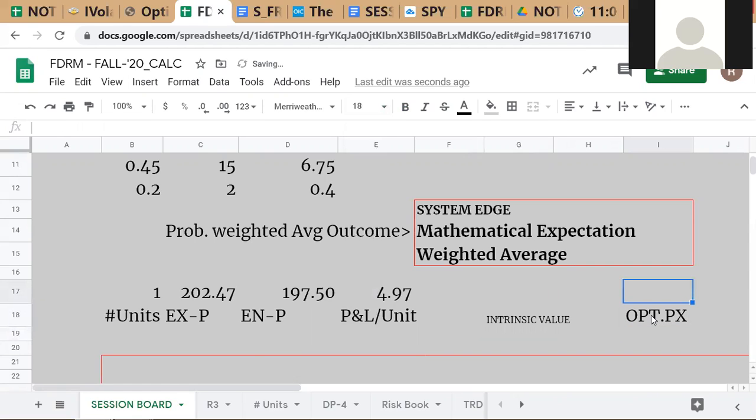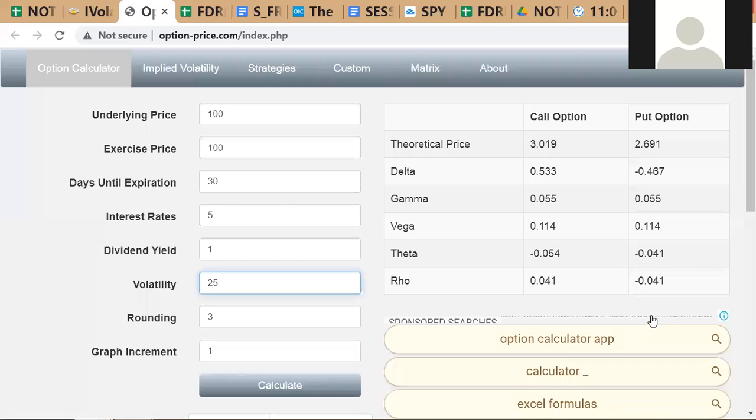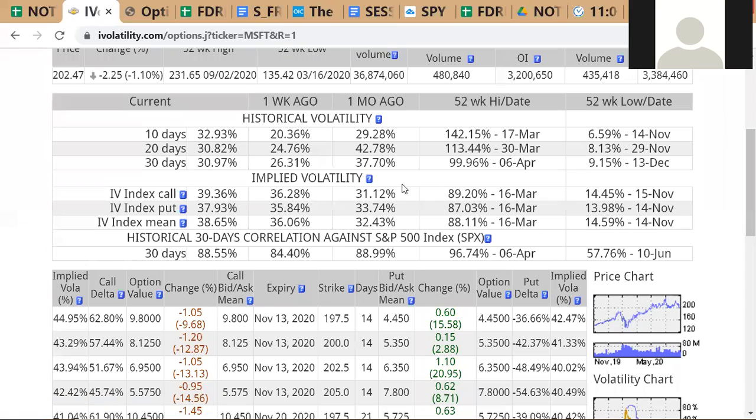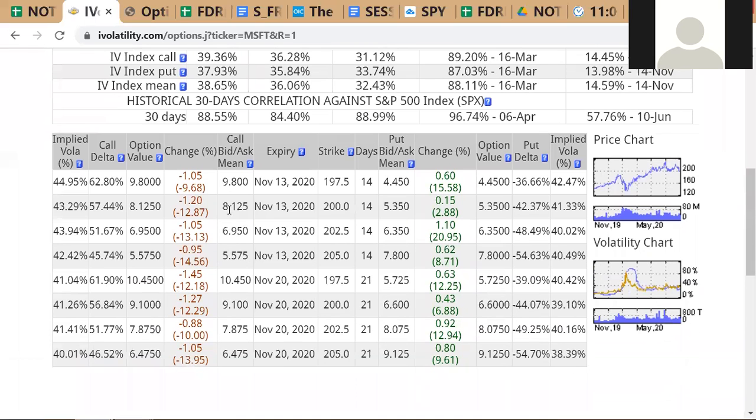All right. So the option price is 9.8. As you can see here, the option we are studying, 9.8. I hope this figure is visible to you. We are now interested in the November 13th Microsoft call with a strike of 197.5.